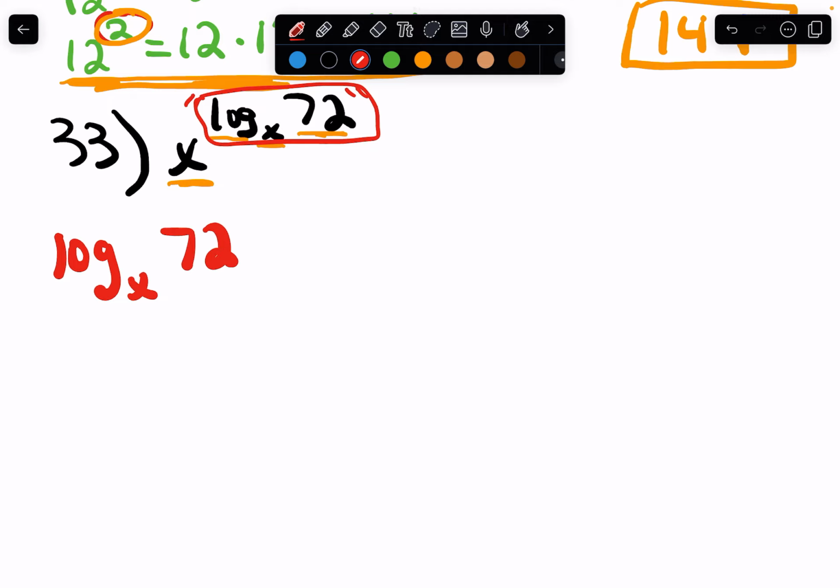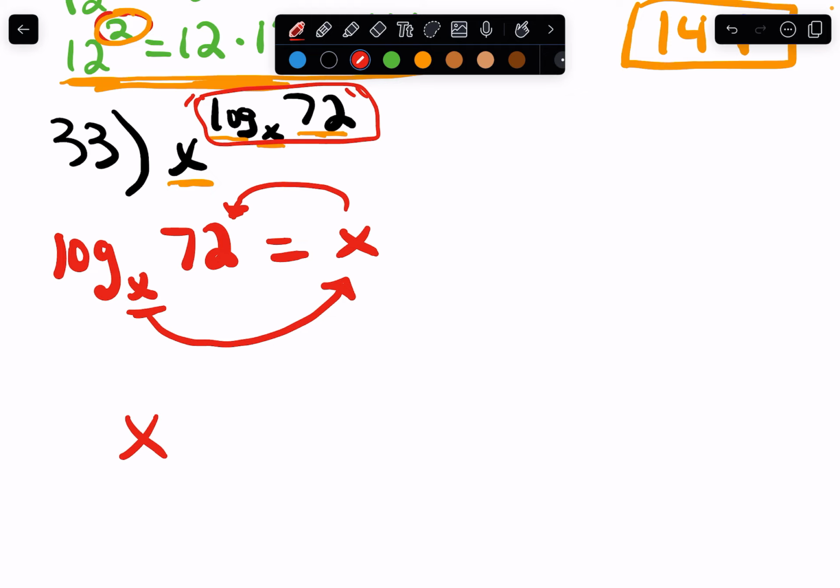This is telling us x to some power is going to give us 72. Just like the little circular model here. Now, in this case, x to some power, trying to find some power to give us 72.